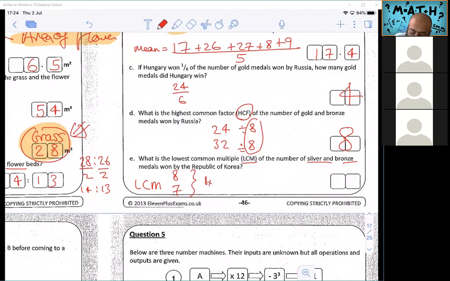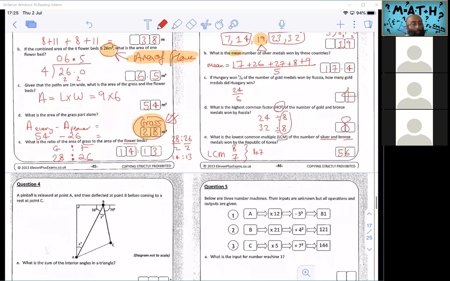One of the easiest ways to work that out in this instance is to multiply them together, because 8 and 7 don't normally share any numbers, but they do both share 56. So if you were going through the 8 times table, you wouldn't share anything in the 7 times table until you hit the number 56, and it's the same for the 7 times table. That's what we're saying: the smallest number that both times tables share. Okay, thank you for that, Idris.